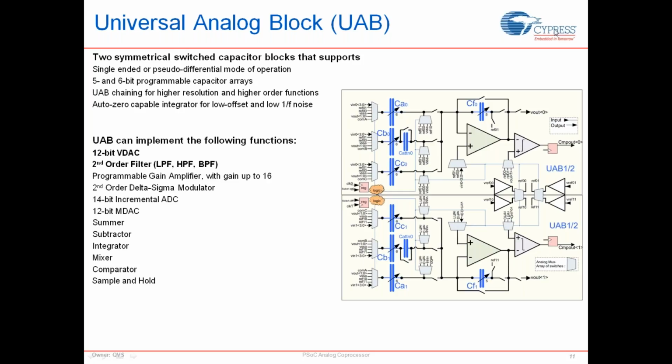Another question: is it possible to implement a low-pass filter with each UAB block? So we can have two low-pass filters. Yes. You can implement a low-pass filter using half of the UAB block. But to implement a second-order low-pass filter, you would have to use the entire UAB block, which is what we've done in the filter feature in panel 0 of the ADC.